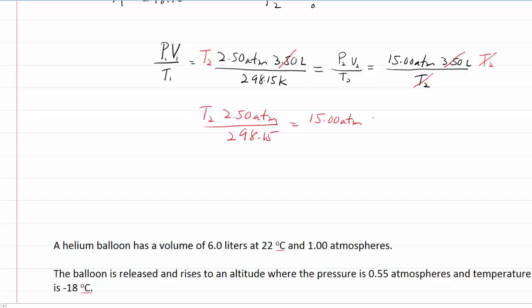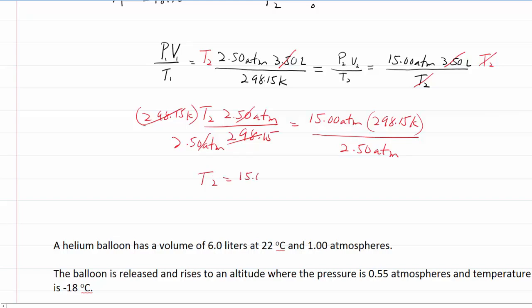I'm going to multiply both sides by 298.15, and that causes these to divide out. And then I'm going to divide both sides by 2.5 atmospheres. Okay, so now I've got T2 by itself.